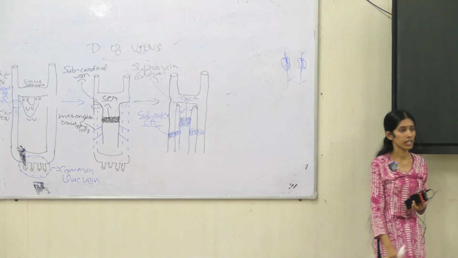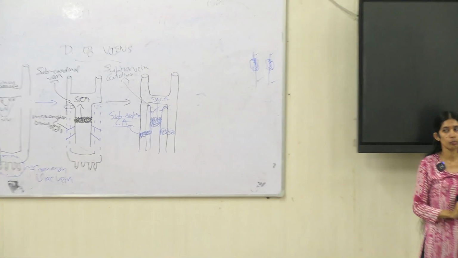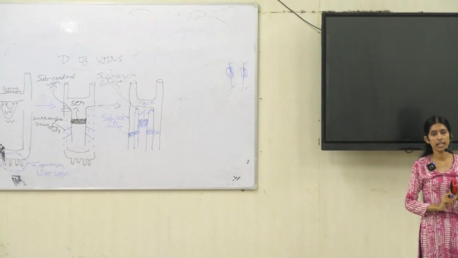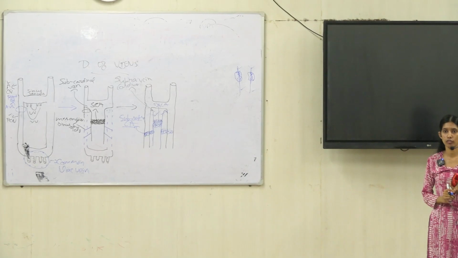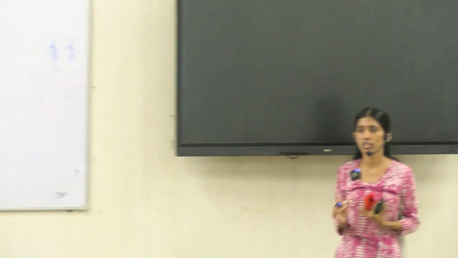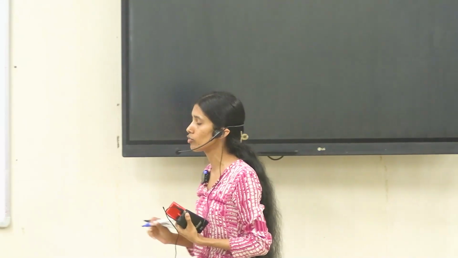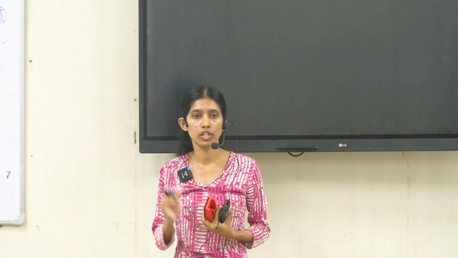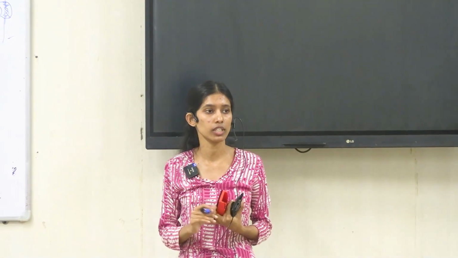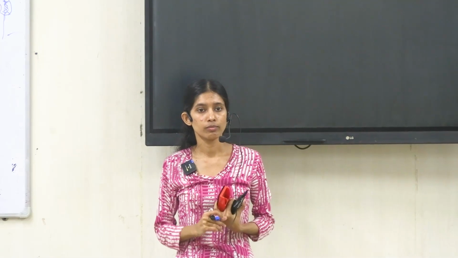The structure present above the kidney is called cranial part of supracardinal vein, and whatever structure is present below the kidney is called caudal part of supracardinal vein.